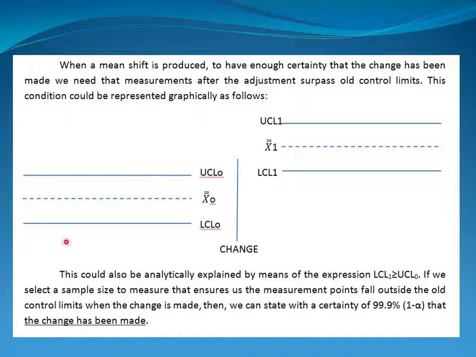Here we have the representation of the values of our original process, and then when the change happens, our hypothesis is that all the points are placed outside the control limits that we originally had. In this case, we would detect that the change has happened. That is what we would like to do.